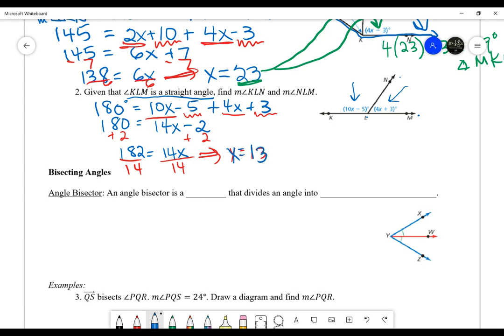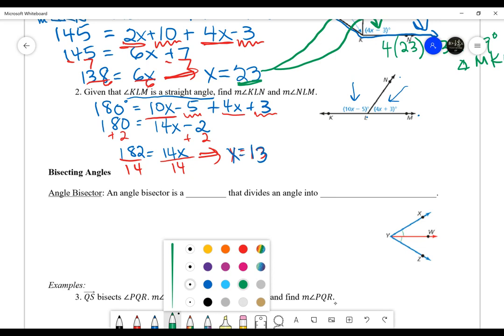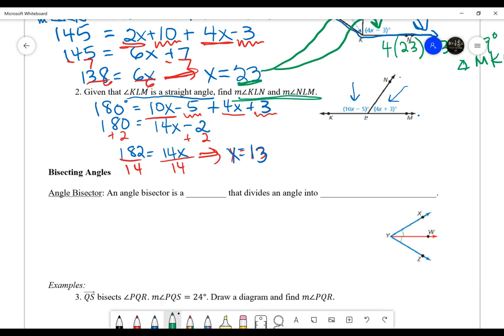And now, again, I have to answer the question being asked. What are these angles? So for KLN, it's going to be 10 times 13 minus 5. So 130 minus 5 will be 125 degrees.